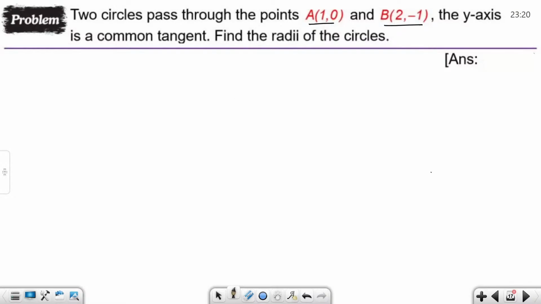Again, in this case, I am going to use family of circles, right? The family of all the circles which are passing through these two given points is given by what? We have already learned this. The family of all circles passing through two given points.